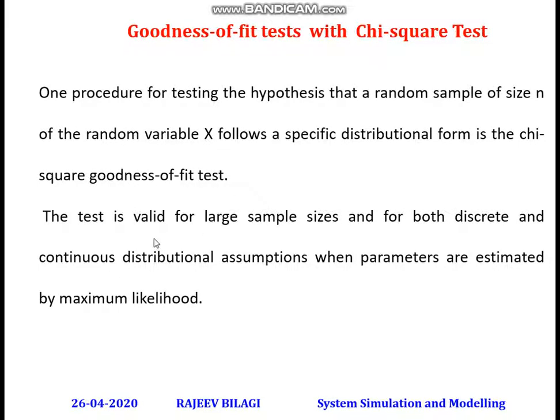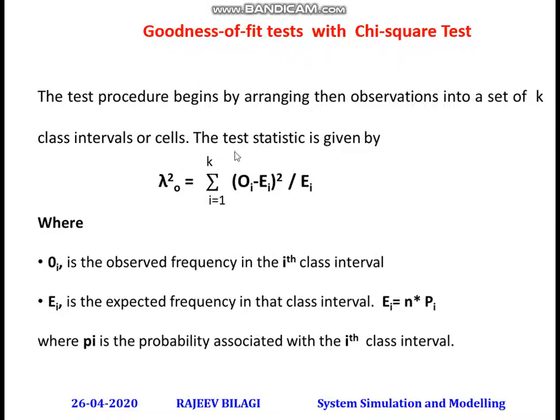This test is valid for large sample sizes, and for both discrete and continuous distributional assumptions. What are the different steps for the chi-square test? Whether you apply it for a normal, exponential, or Poisson's distribution, the method remains the same.